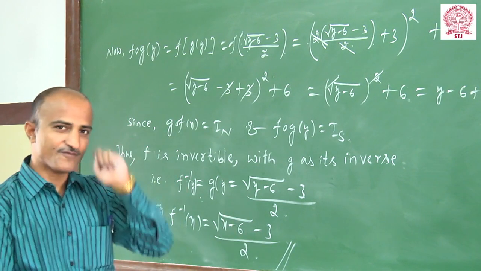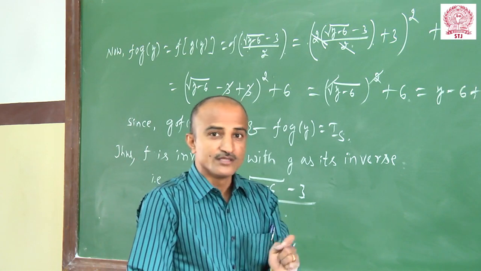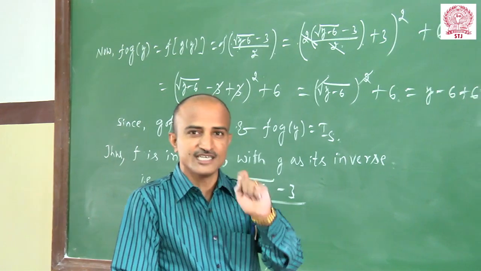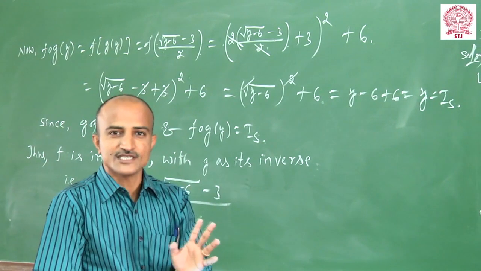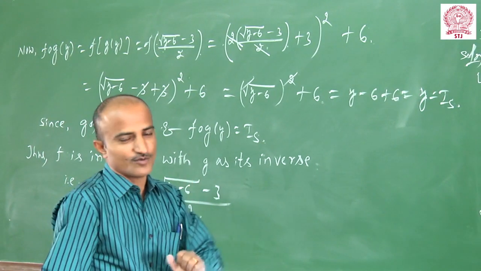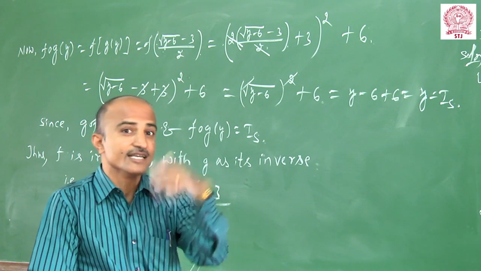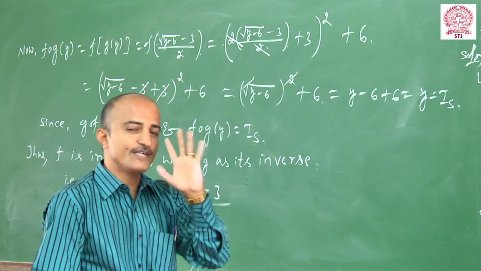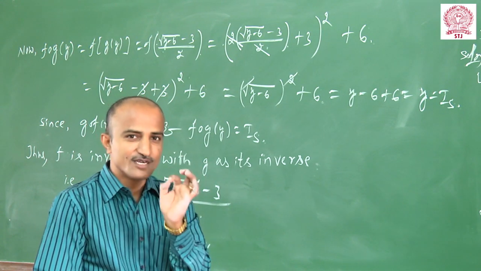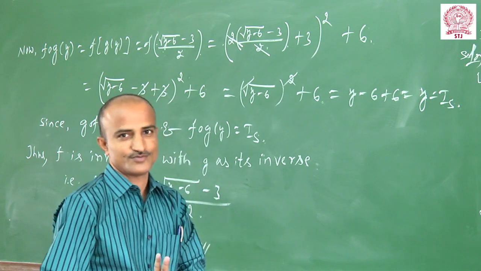See, in the definition of invertible, a function is said to be invertible if there exists a function g such that g∘f of x is equal to x and f∘g of y is equal to y, where g is the inverse of f. And in that note we have noted, whenever a function is invertible, clearly it is 1 to 1 and onto.